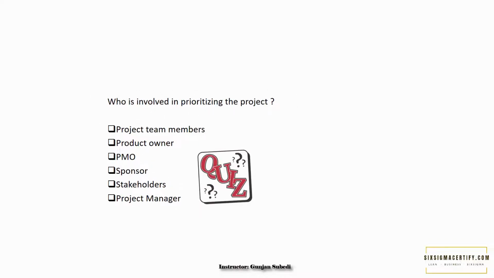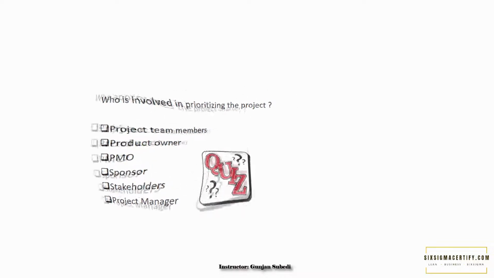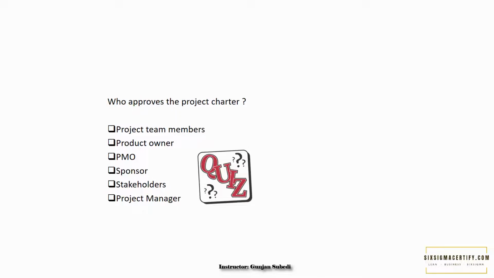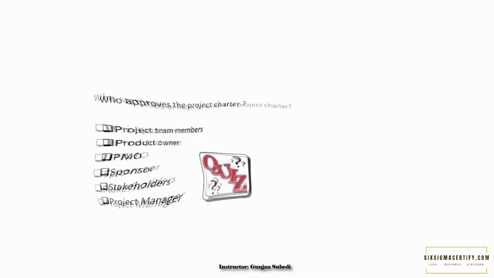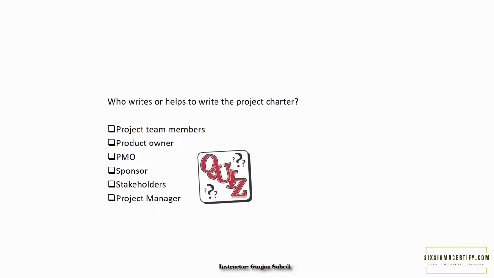Who is involved in prioritizing the project? Who is involved in approving the project charter? Who is involved in writing or helping to write the project charter? Who helps to input in drafting the lessons learned directory? Okay, I hope you got all of those questions right.